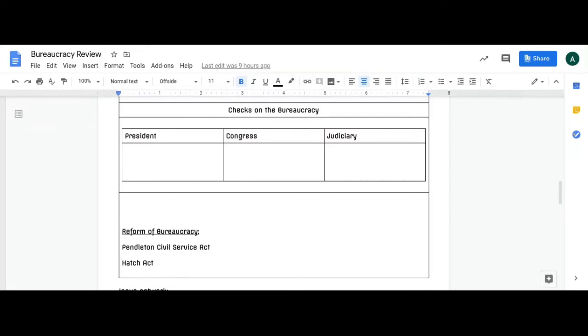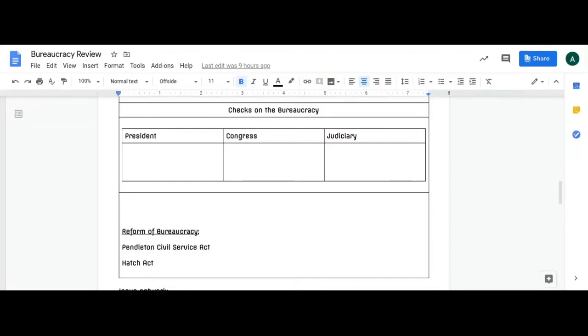And this act required that you have to take a civil service test in order to prove that you are worthy, educated enough in the content in which you're about to serve to hold that position. So it basically based your hiring and also your promotions on merit instead of just who you know in government.